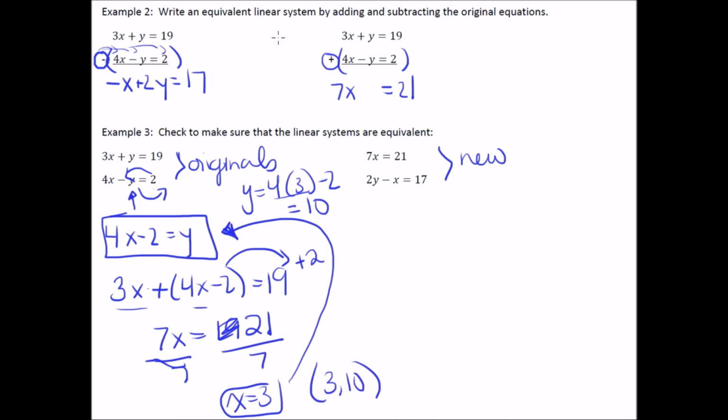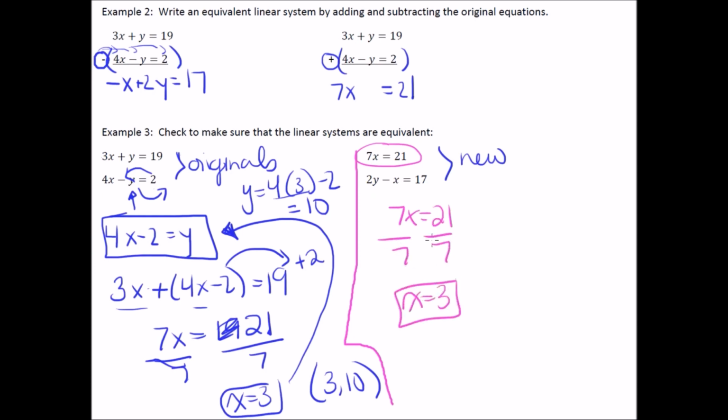Okay, now let's do the exact same thing. Let's use substitution to solve for the second linear system. So we already have 7x equals 21. There's no y in that, and that actually looks a little bit familiar from the previous one. So let's go ahead and find that x equals 3.